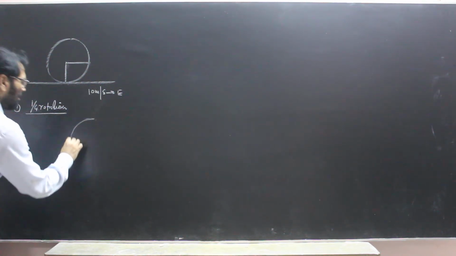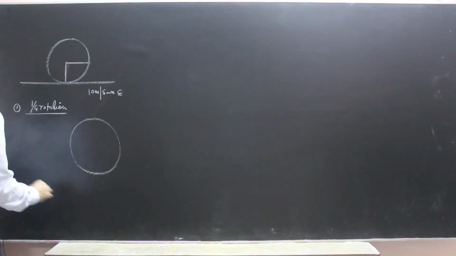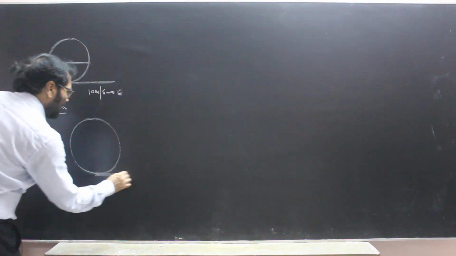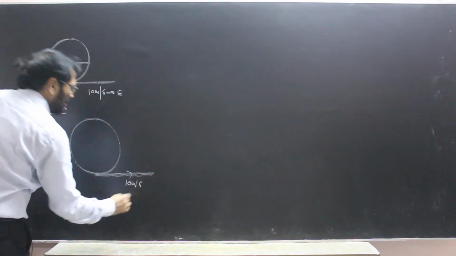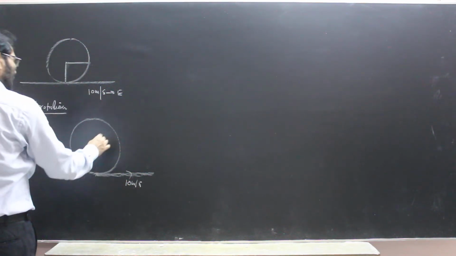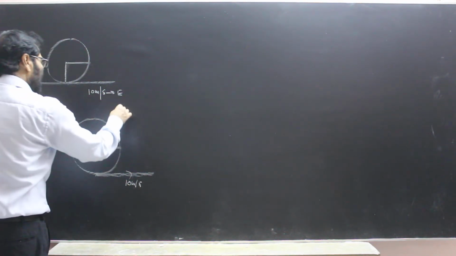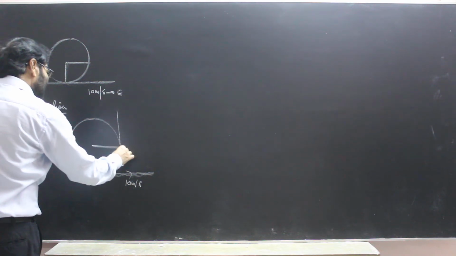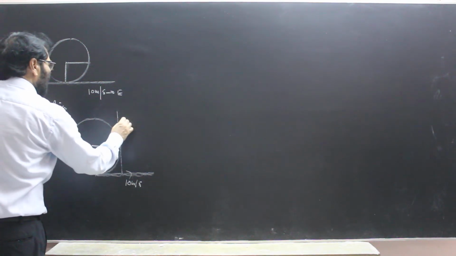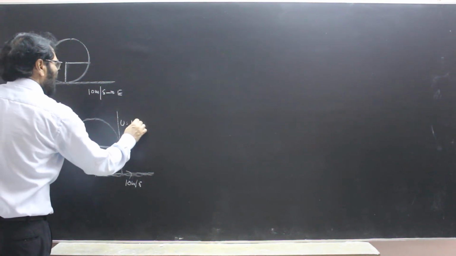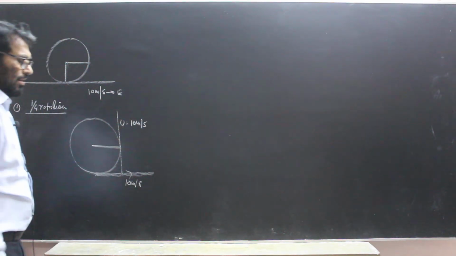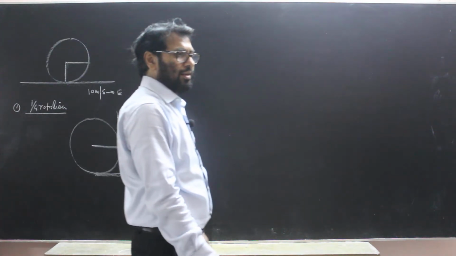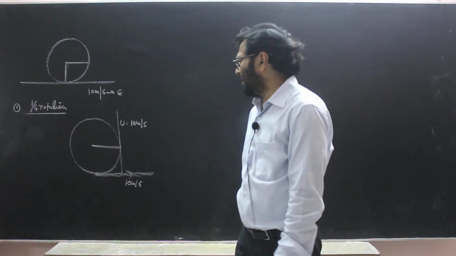This is the initial velocity, 10 meter per second towards east. After 1/4 rotation, this is the final velocity, and again it is 10 meter per second. So the particle is moving with 10 meter per second without change in magnitude.